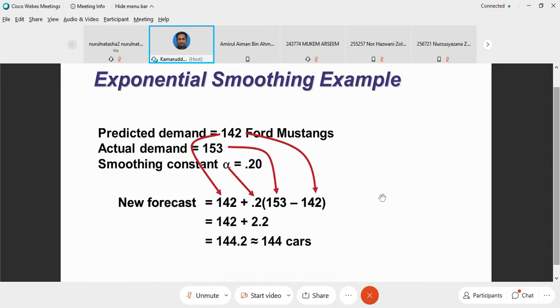Let's say we're going to forecast the demand in November.